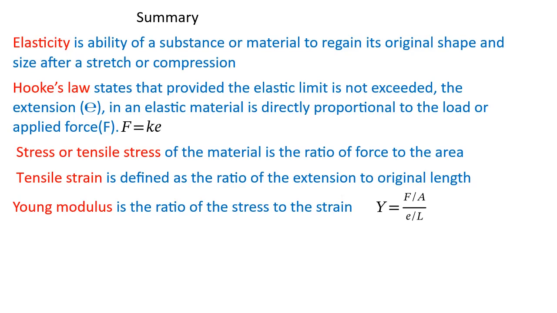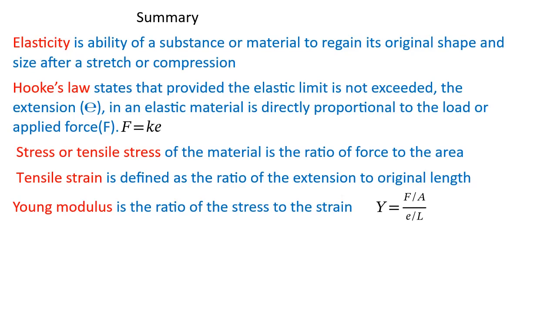Then the stress or tensile stress of a material is the ratio of the force to the area. Tensile strain is defined as the ratio of the extension to the original length.